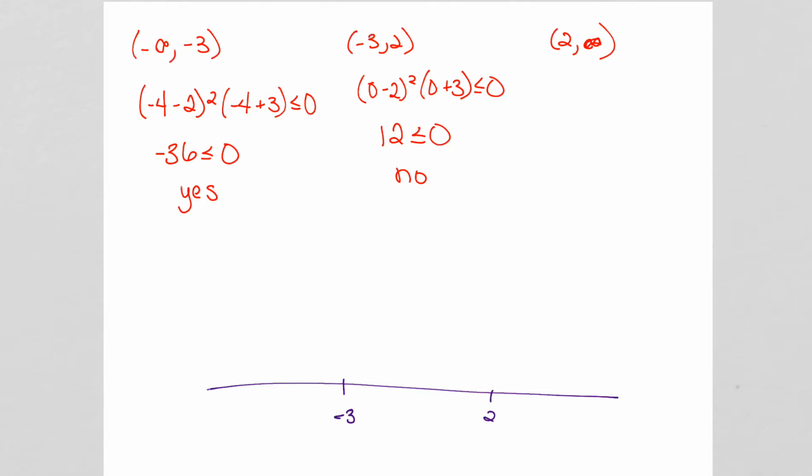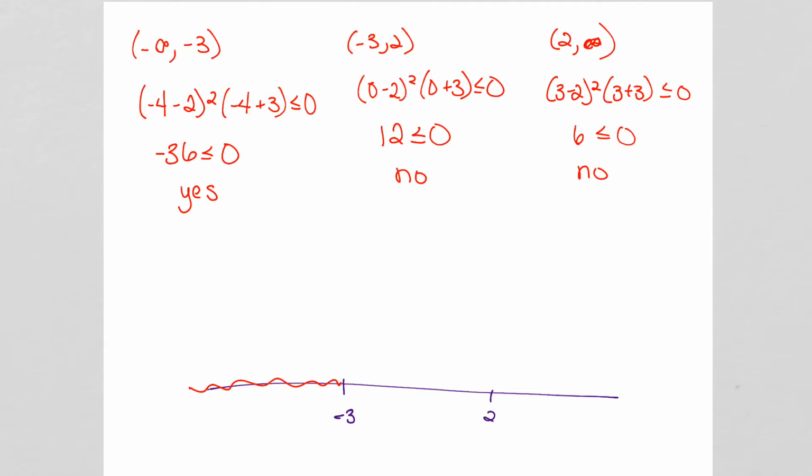And last, greater than 2, let's use 3. And we get 6. 6 is not less than or equal to 0. So far, the only thing that works is less than 3.